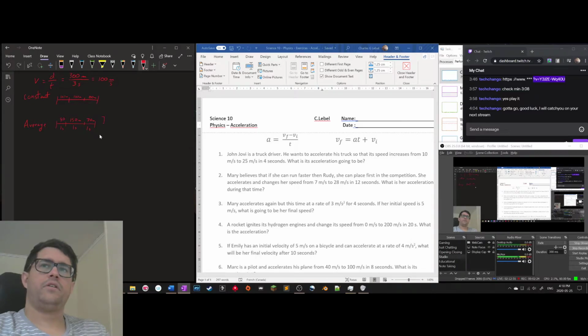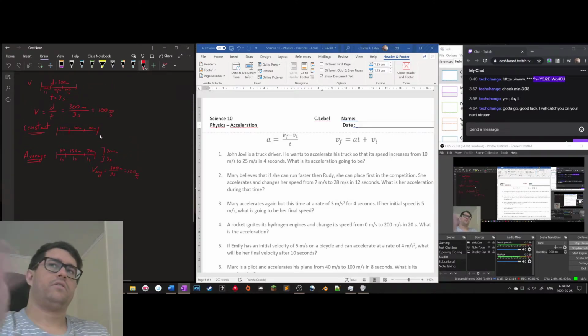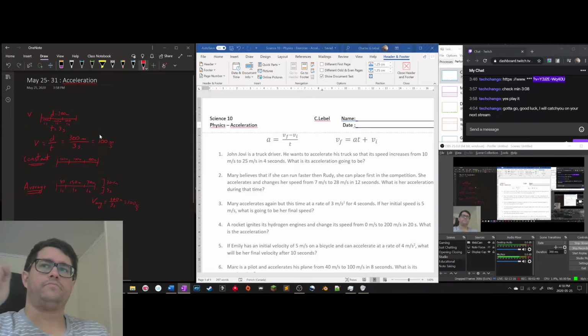The grand total here is 300 meters, and the grand total here is 3 seconds, and we would get that the average velocity would be 300 meters divided by 3 seconds, which is 100 meters per second. So the constant velocity and the average velocity at this point are the same formula. Okay, this is a review.